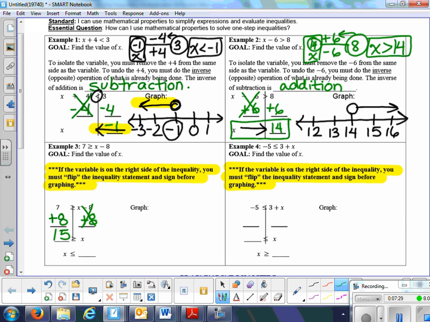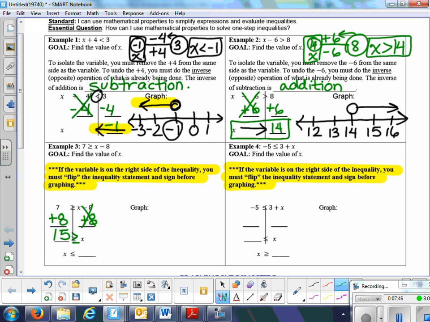When we graph, we want the variable to be on the left so that we can make sure we put our arrow on the graph going the correct direction. Notice that the small point of my inequality sign is facing toward my variable.